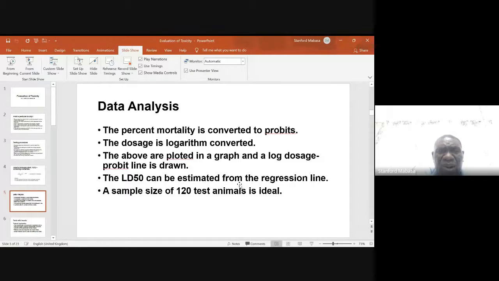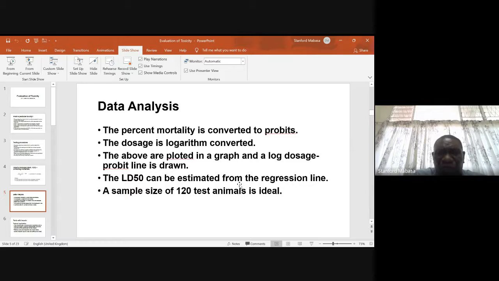So how do you analyze this data when you are actually subjecting animals to pesticides, trying to check how effective it is in killing these animals? You can use the percent mortality. It can be converted to probits.